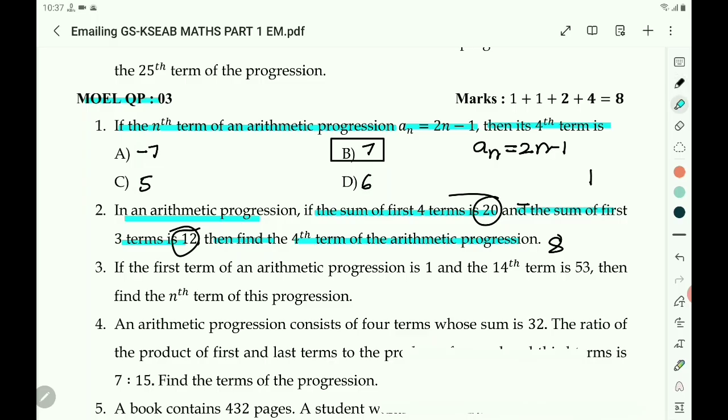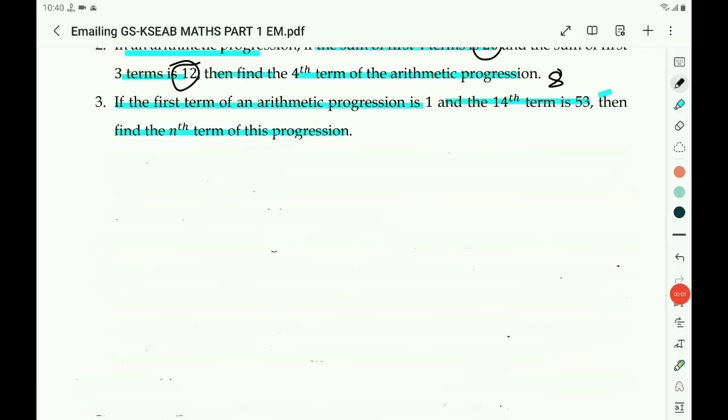Next you take the third question of that question paper. The question is, if the first term of arithmetic progression is 1 and the 14th term is 53, then find the nth term of this progression. First term of the arithmetic progression is 1, means a equals 1.